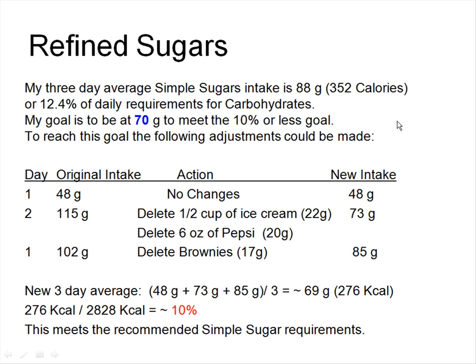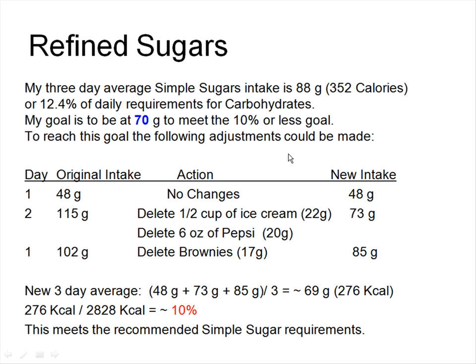Now, a way you can determine that goal is you can take your total calories, in my case it was 2828, multiply that times 10%, or 0.1, and that gives me about 282 or 283 calories, and then divide that by 4 calories per gram, then that gives me 70 grams.